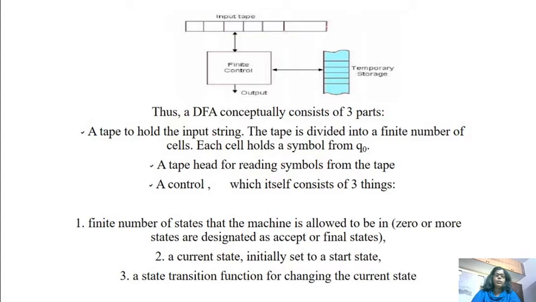A finite number of states that the machine is allowed to be in. Zero or more states are designated as the accept or final set. A current state, initially set to the start state. And the state transition function for changing the current state.